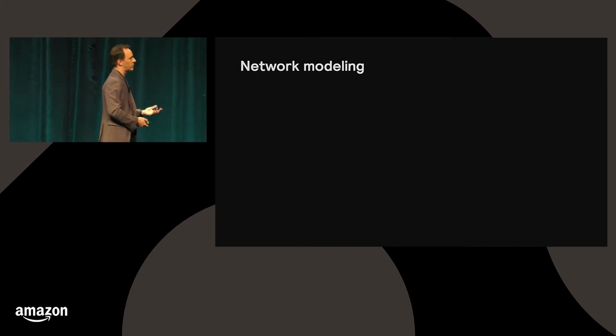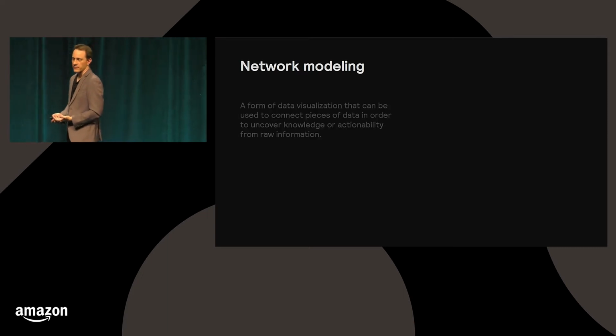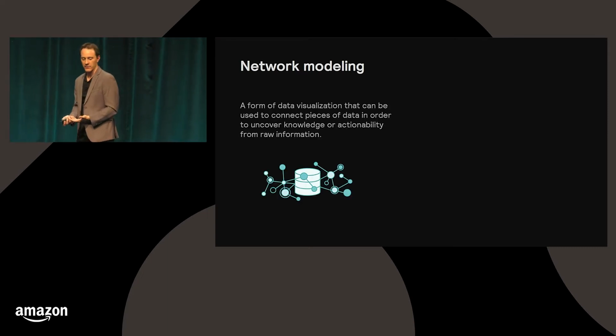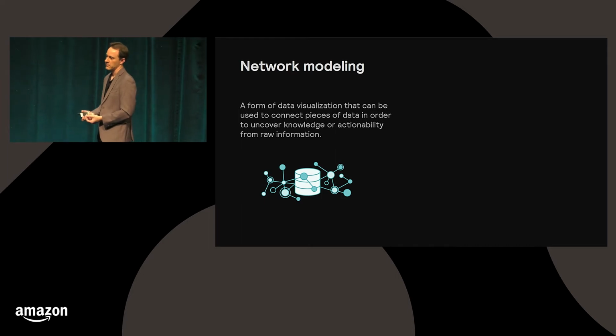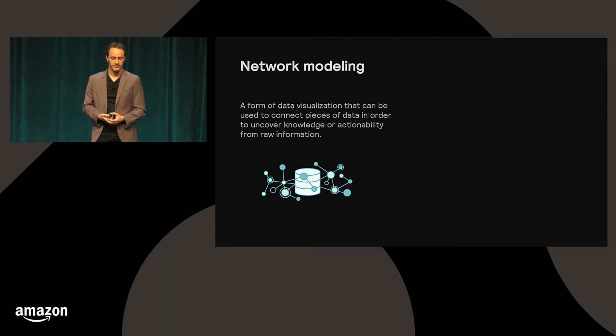So another approach is network modeling. This is just the idea of graph theory. Network modeling is a form of data visualization. It can connect different pieces of data and extract some insights from raw information.